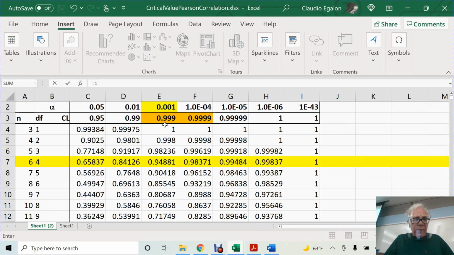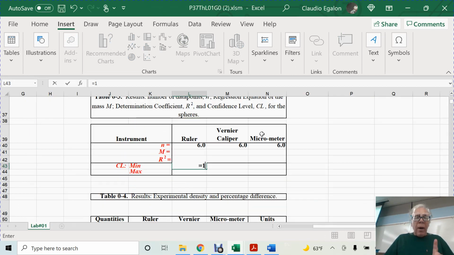My example was 1 minus 10 to minus 3, right? Equal, remember, 1 minus 10 to minus 3. Don't forget to put the equal there. And the other one is going to be equal 1 minus 10 to minus 4.